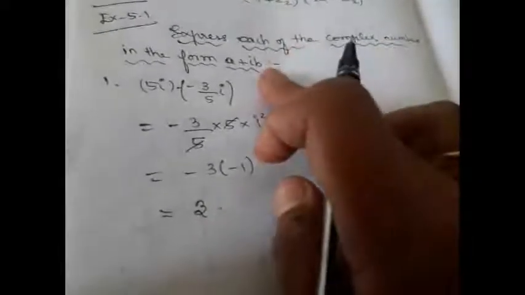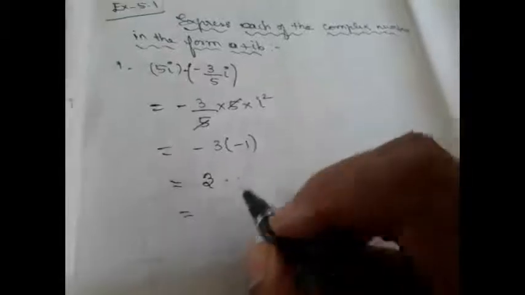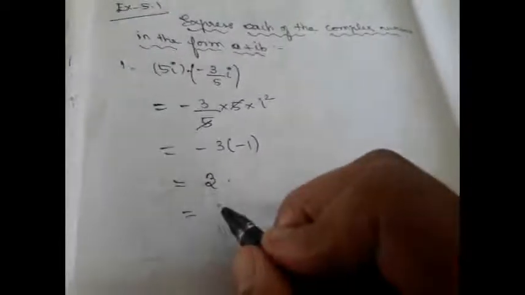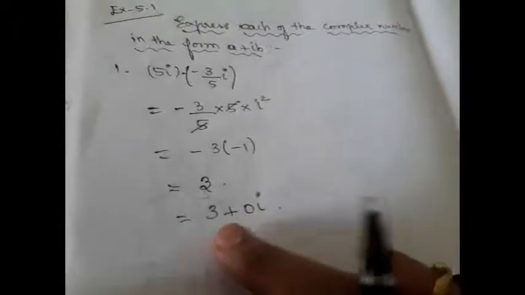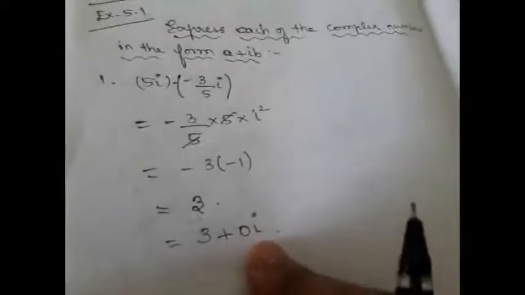But they asked you to express it in the form of a plus ib. So what can we do here? We have only the real part, so 3 plus 0i. Thus we expressed it in the form of a plus ib, where a value is 3 and b value is 0. As I told you, every real number is a complex number.